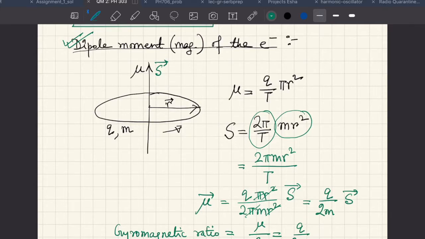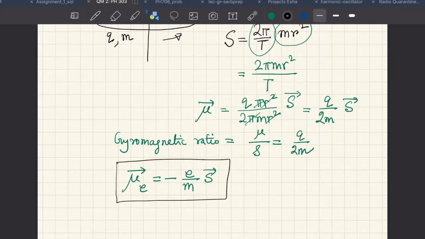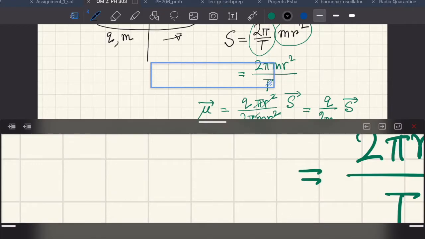What happens in quantum mechanics, it turns out that the electron's magnetic moment is just twice the classical value. That means the electron's magnetic moment μ_e, let us use this symbol, is -e/m times S. That is the value that you obtain if you do the calculation with an electron.